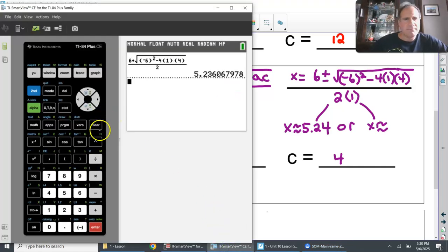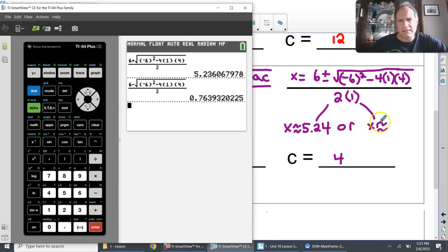Then I'm just going to go and do the same thing. Alpha x 6 and then minus, this time, the square root of negative 6 squared minus 4 times 1 times 4 all over 2.